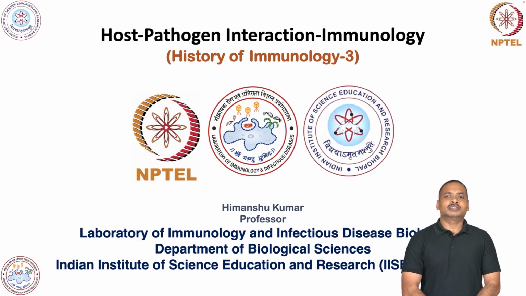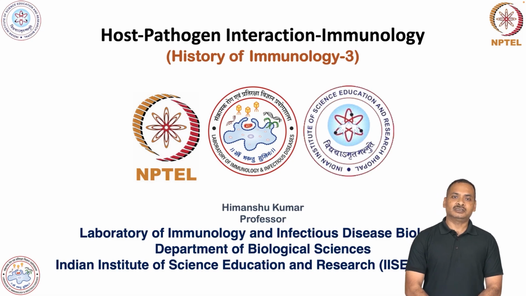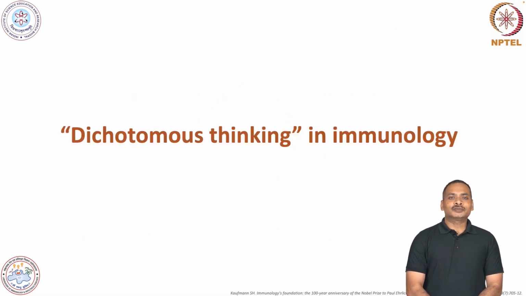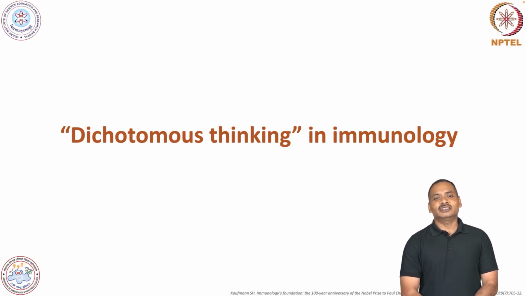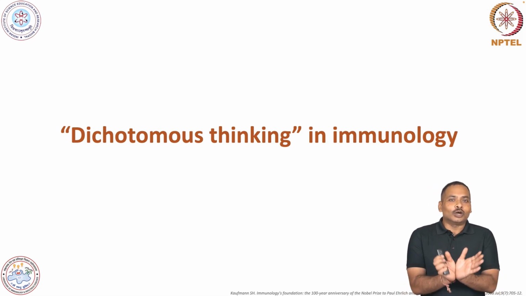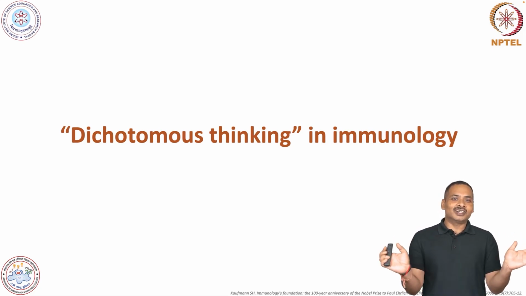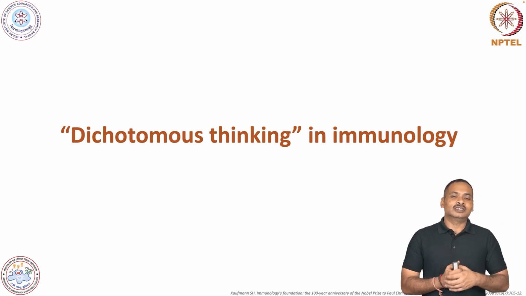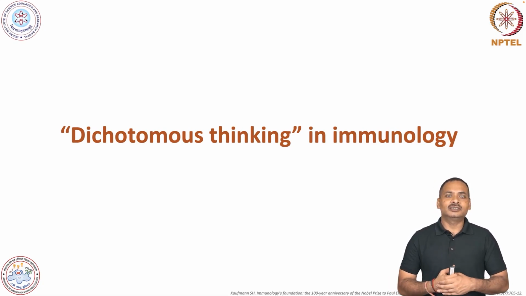we will also discuss all those great works which received the Nobel Prize, maybe in this session or maybe the next session. Okay. So there was a dichotomous thinking in immunology. Dichotomous means there were two opposite or quite polarized thoughts about the defense that the animal has.